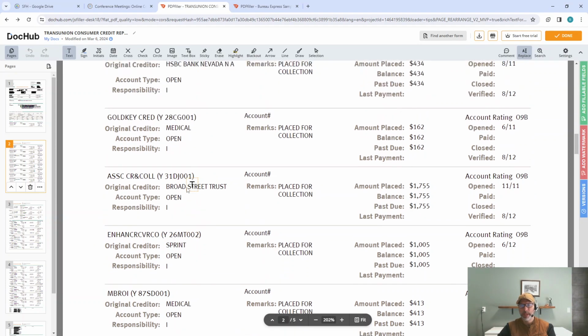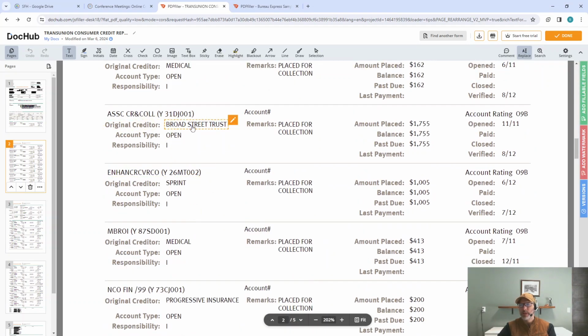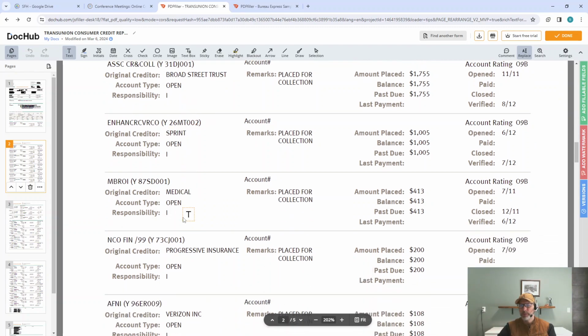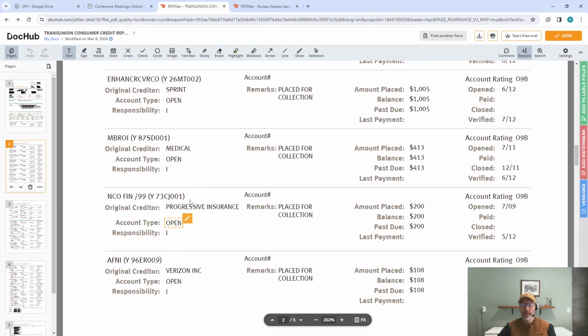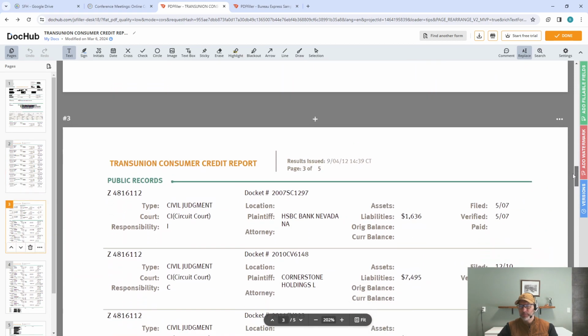So for example, we had HSBC Bank up here, then we've got medical, then we have Broad Street Trust, which there's no information on. However, that is probably not a medical collection. We have Sprint, we have Progressive Insurance, Verizon. So it's not only medical bills that are being let go. It looks more like a consistent pattern of things being let go as we're going through. And that's what I'd look at as an underwriter.